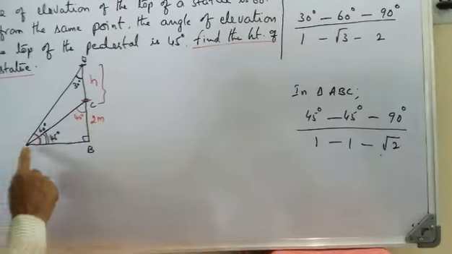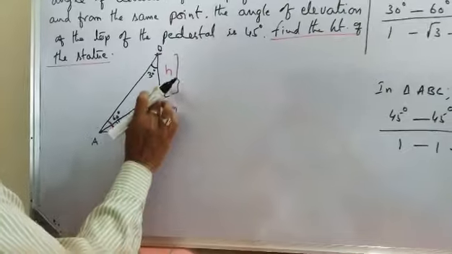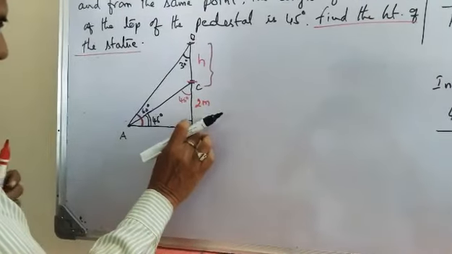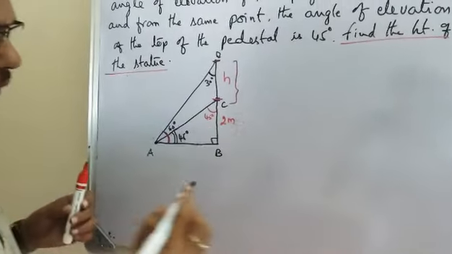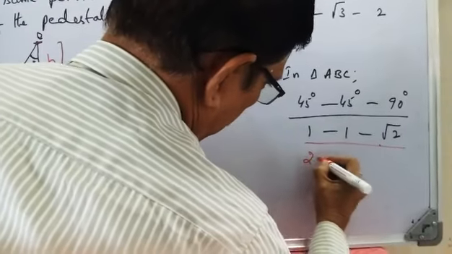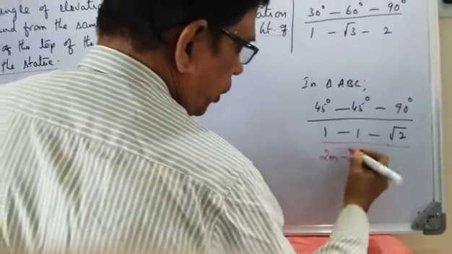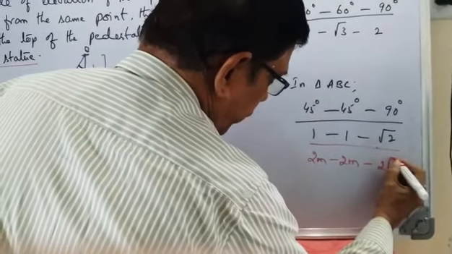So in triangle ABC, the side opposite to 45 degrees is BC. BC is given as 2 meters. So this will be 2 meters, this is also 2 meters, and this will be 2 into √2, 2√2 meters.